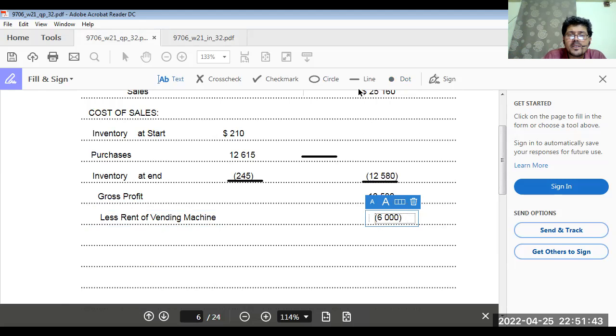So here is the profit from the vending machines, 6,580.